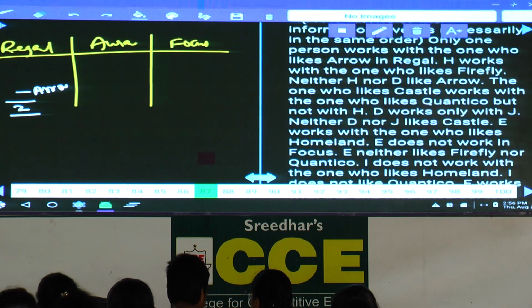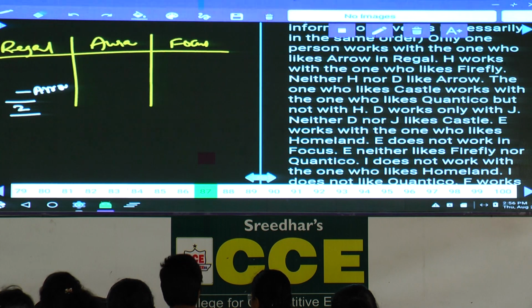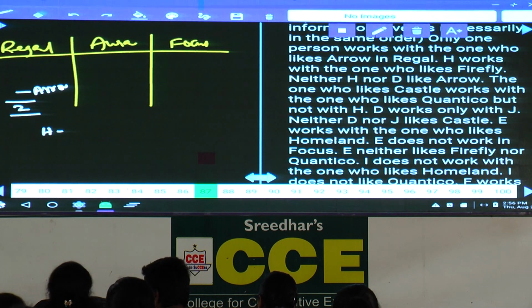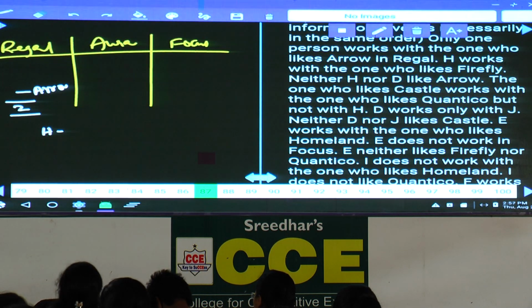And H works with the one who likes Firefly. Now H and Firefly must be adjacent to each other. Tell me whether H likes Firefly or not. No, because here he is talking about 2 different persons. One is H, and the one who likes Firefly is the other.